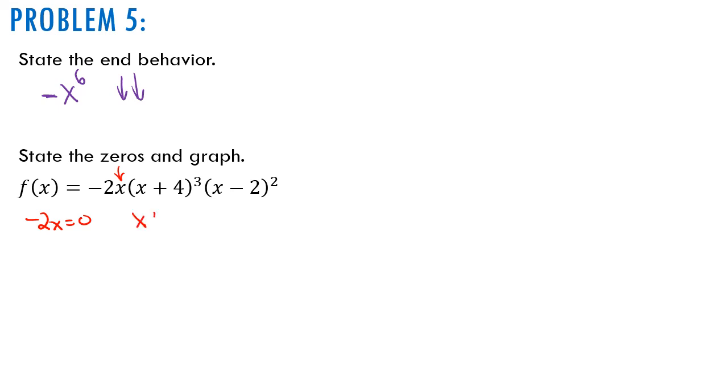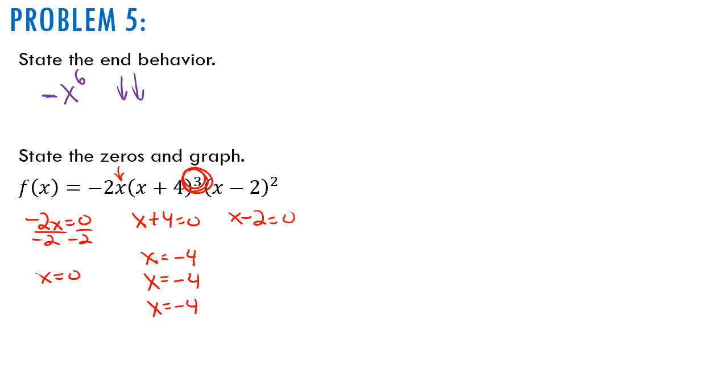I have x plus 4 equals 0, and I have x minus 2 equals 0. If I divide both sides here by negative 2, x is equal to 0. If I minus 4 from both sides, I have x equals negative 4. However, that exponent says that happened 3 times, so I should have 3 of these x equals negative 4.